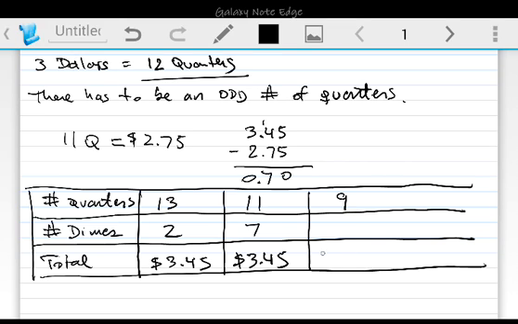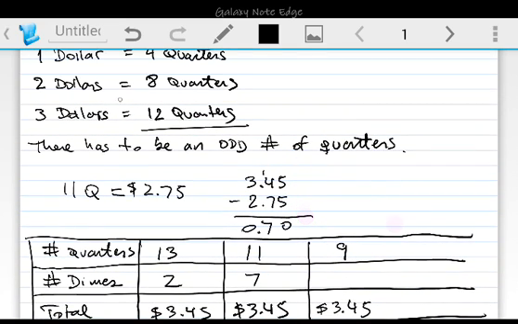So how do we come up to $3.45? We know that 8 quarters is $2, so 9 quarters is going to be $2.25. And in order to find out how many dimes we need, we can subtract $3.45 minus $2.25. That will be $1.20, which is 12 dimes.